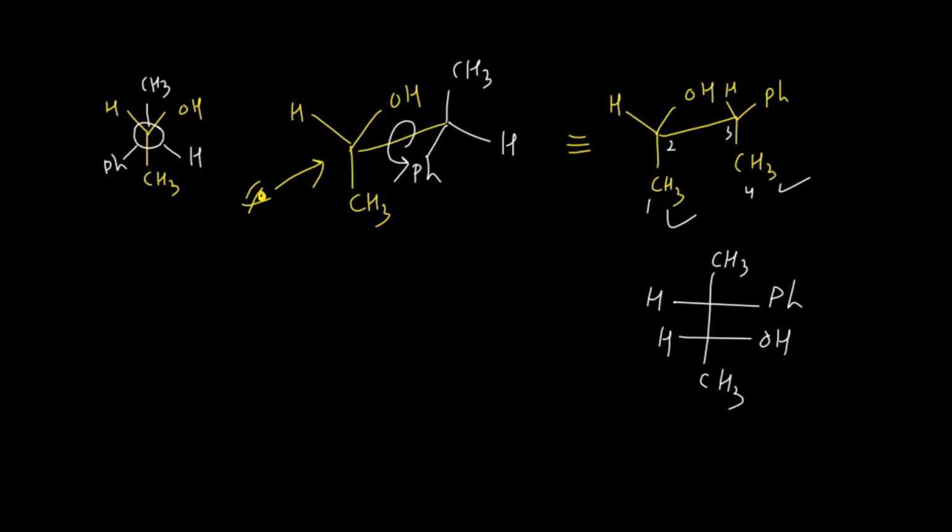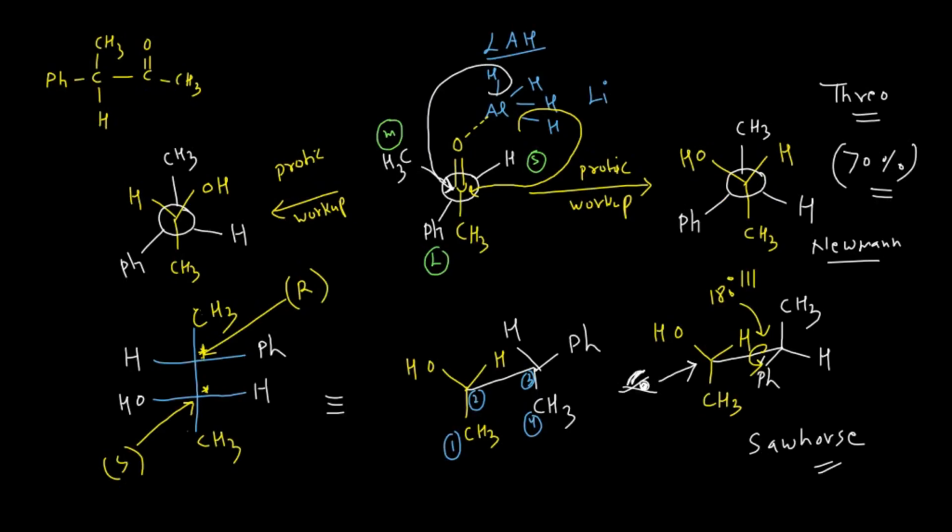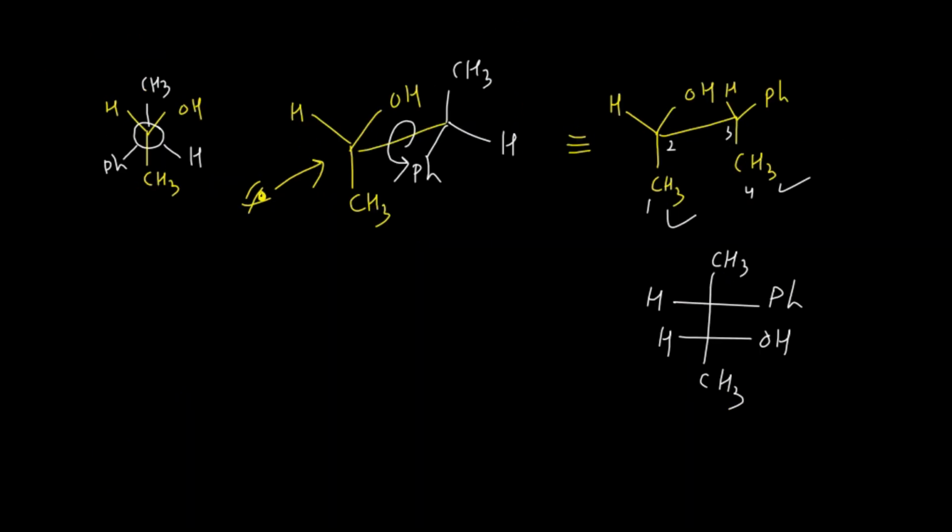So I am writing this in that particular manner. Okay, so if I go back, you see these two hydrogens basically are on the opposite side, but here these two hydrogens are on the same side.